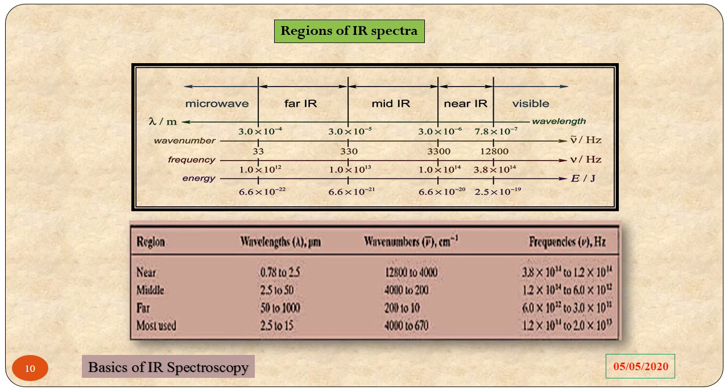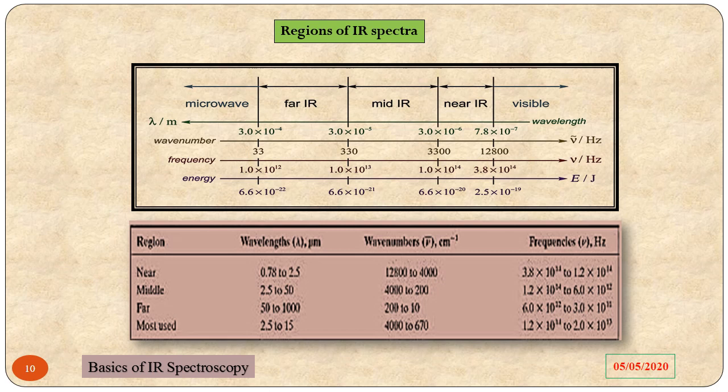We can see the wave number, frequency, and energy for the IR spectral regions. The wavelength for the near IR region is about 0.78 to 2.5. For the mid IR region it is about 2.5 to 50, and for the far IR region it is about 50 to 1000.